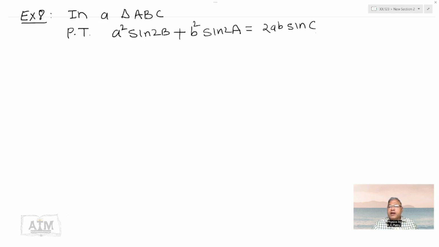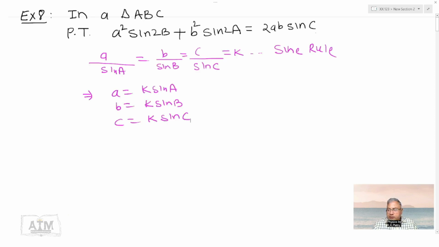Example 8. In a triangle ABC, prove that A squared sin 2B plus B squared sin 2A equals twice AB sin C. Here I am going to use the sine rule formula, that is A equals K sin A, B equals K sin B and C equals K sin C, and I am going to select LHS.